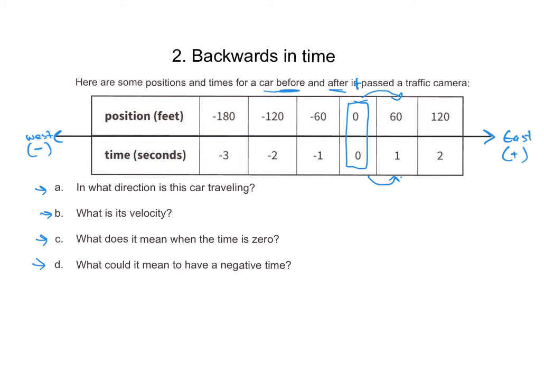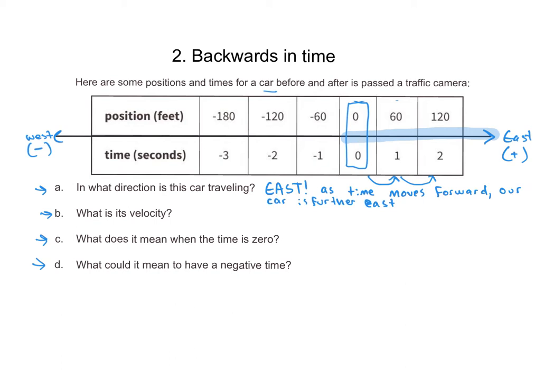And then when time increases again, that position of our car increases again, which means that car is traveling east. As time moves forward, we are further to the east. So again, as time moves forward, our car is further east.